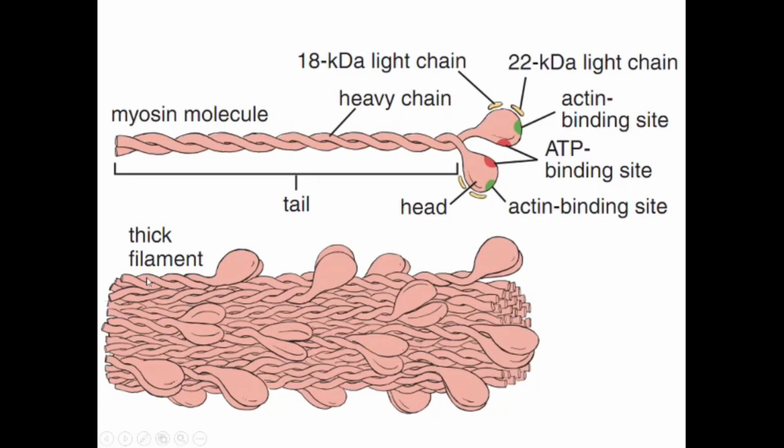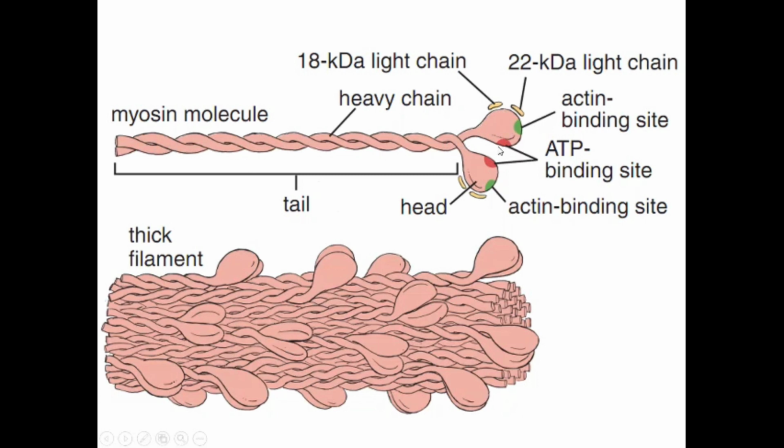The thick filament also is formed by polymerization, or by assembling, of myosin molecules. A myosin molecule has two heavy chains and two pairs of light chains. The heavy chains have a rod-like shape with a head and tail.